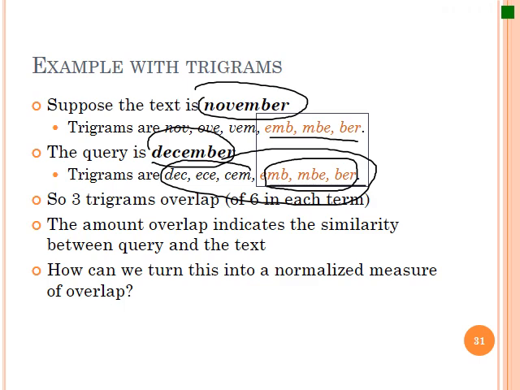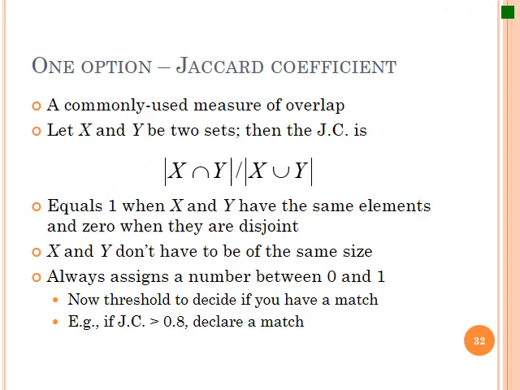A principled approach to measure this overlap is what we call the Jaccard coefficient. This is a commonly used measure for overlaps.